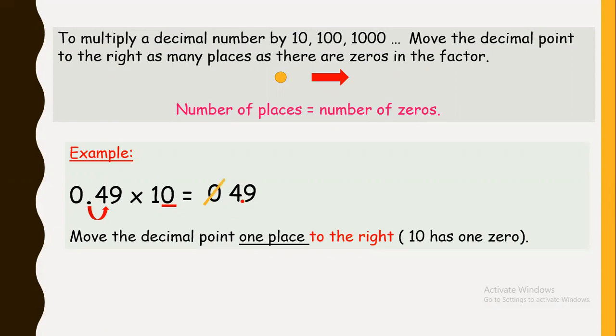And here we have a useless zero. Why? Because it is in the whole part and we have no digits before this zero. So this zero is useless. We can remove it. And the answer is 4 and 9/10.